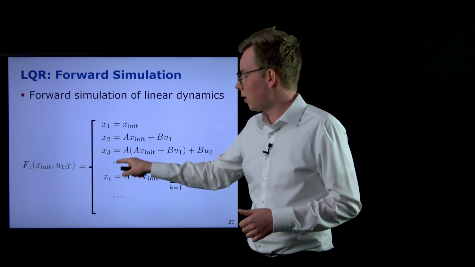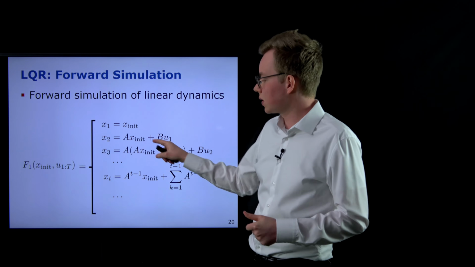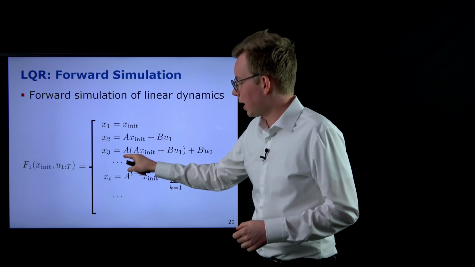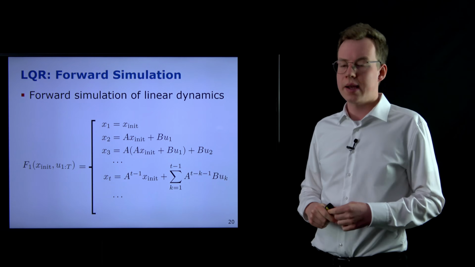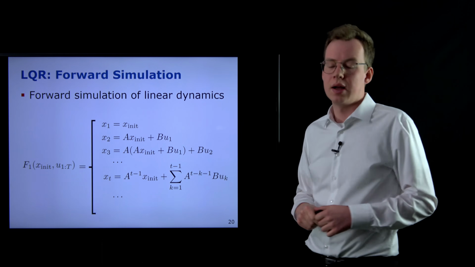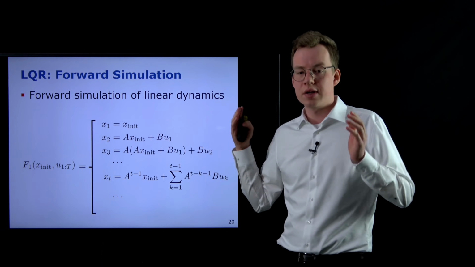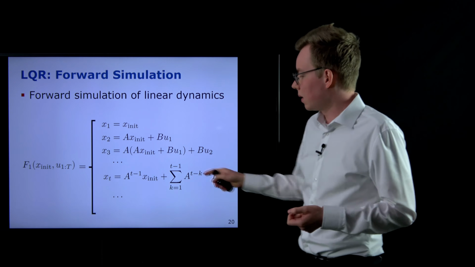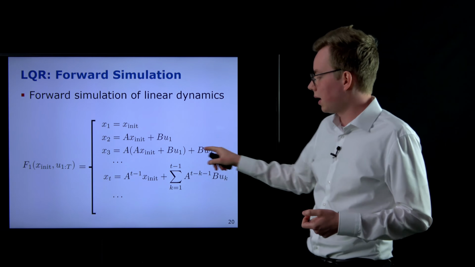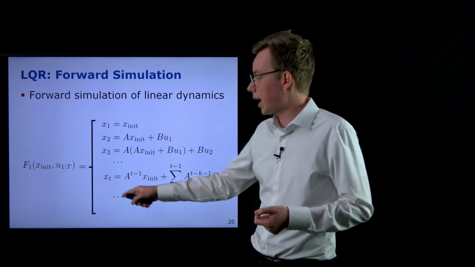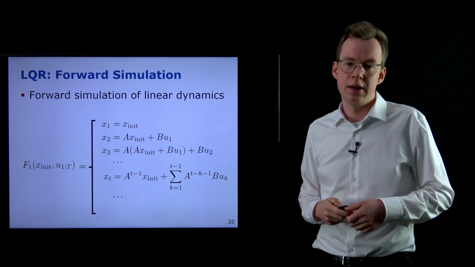And then for all the later states, we always take the previous expression, which is the previous state, multiply it from the left with this A matrix, and then add B times the input at that time. Because of this very special structure of the dynamics, we can write it down in this compact expression for an arbitrary time step into the future, all the way up to capital T.